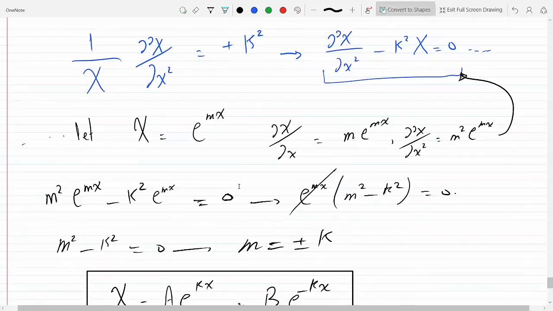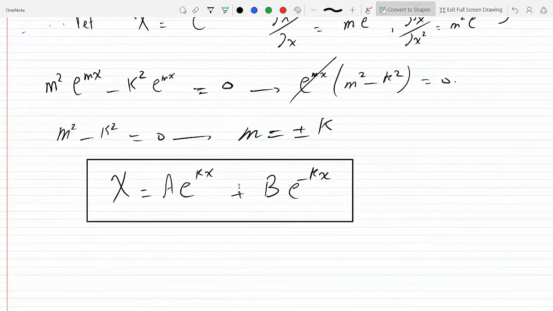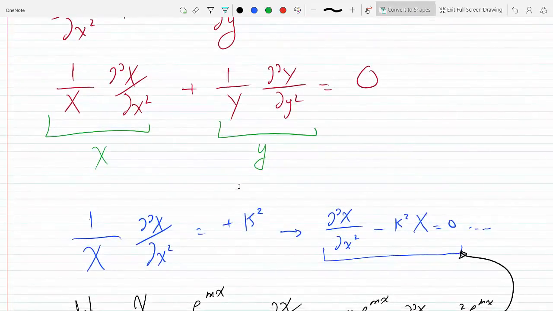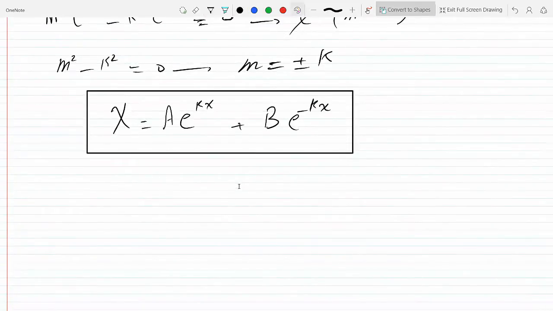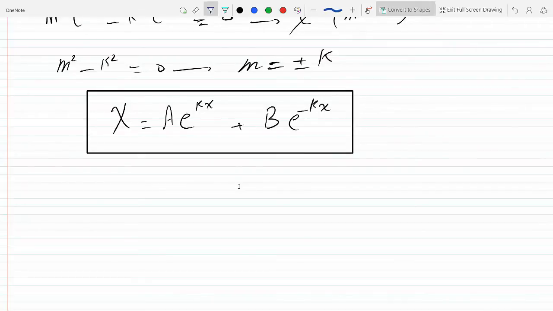So if one of them is k squared, the other one has to be minus k squared. So that means this guy here, the y term, has to add to minus k squared.